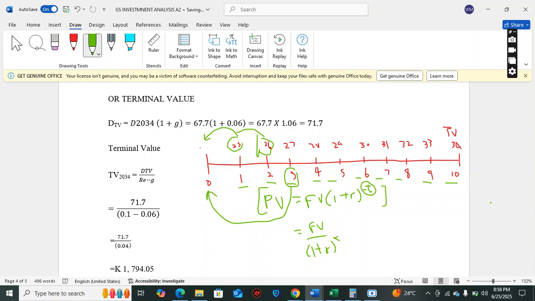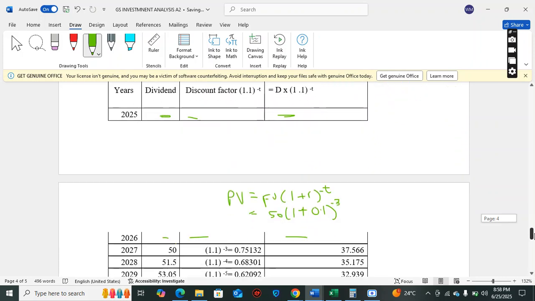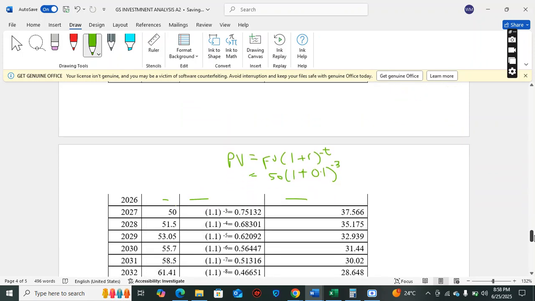Any questions? So when you do 50 times 1 plus 0.1, that's how you get 1.1. These 1.1s here, I've just added this 1 plus 0.1. All right. So 50 times 1.1 to the power negative 3, you get 37.566.